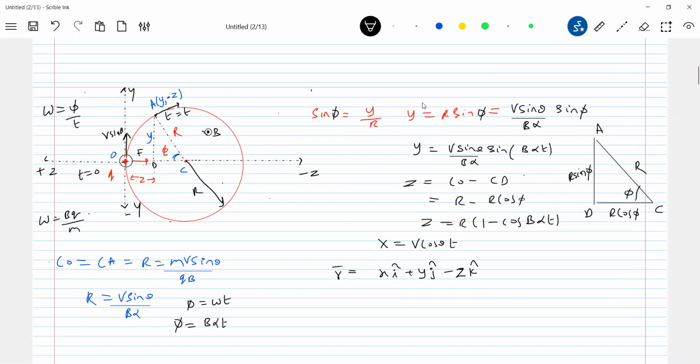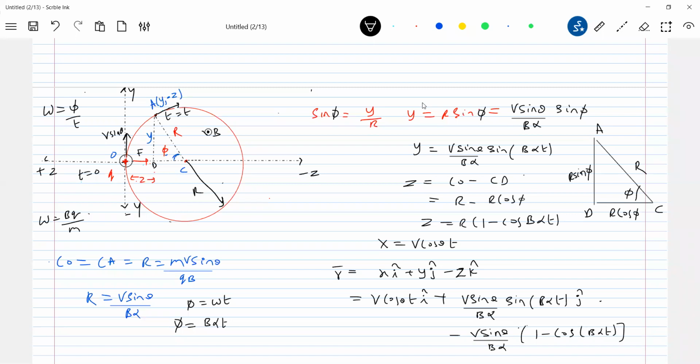Okay, got this. So substitute all the values of x, y. So x is equal to v cos theta t i cap. What is the value of y? Y is equal to v sin theta by alpha, sine of b alpha t, minus v sin theta by alpha, 1 minus cos of b alpha t, this will be k cap.